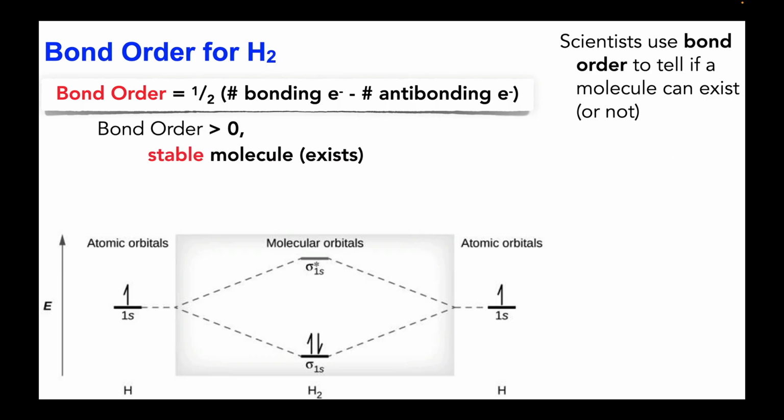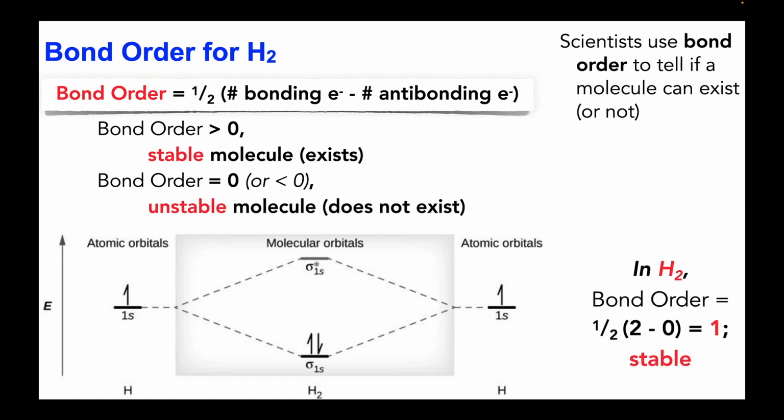If you have a bond order greater than 0, that means it's a stable molecule, and that molecule should exist. However, a bond order of 0, and in higher applications you might even see a bond order less than 0, but we're not going to talk about those, all mean that you have unstable molecules, and the molecule should not exist. So if the bond order is greater than 0, it's going to exist.